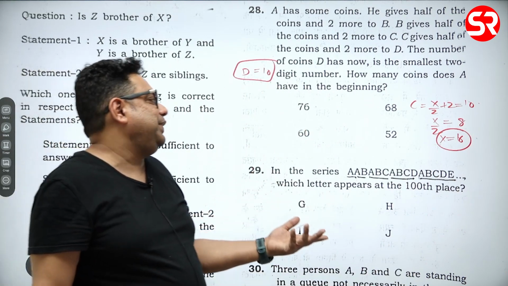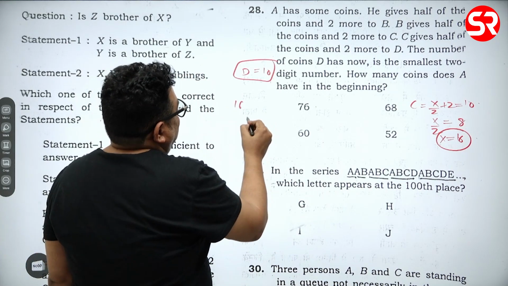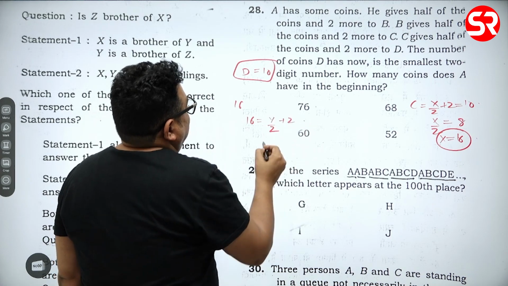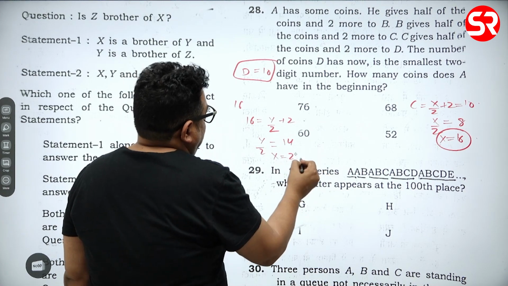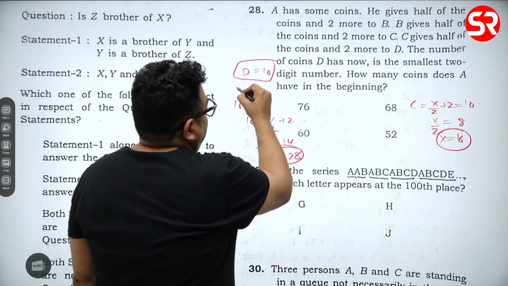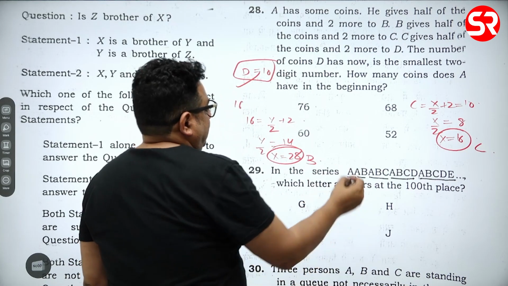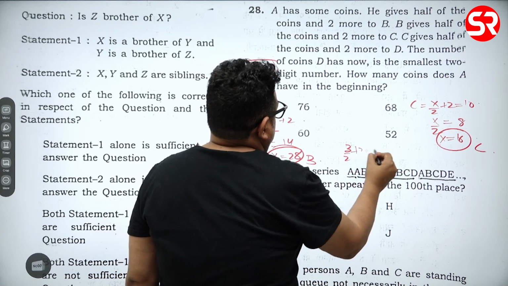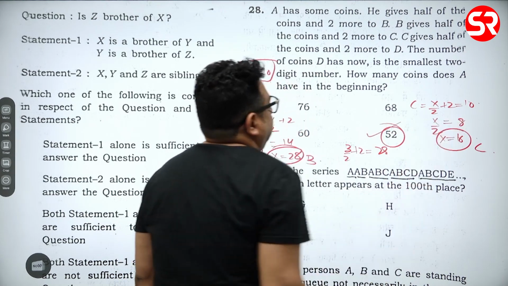You can do it this way. Once it is 16, then y by 2 plus 2 is 16, so y by 2 is equal to 14, which means y is equal to 28. So this was D, this was C, this is B. Then for 28, z by 2 plus 2 is equal to 28, z by 2 is 26, so 52 is your answer.